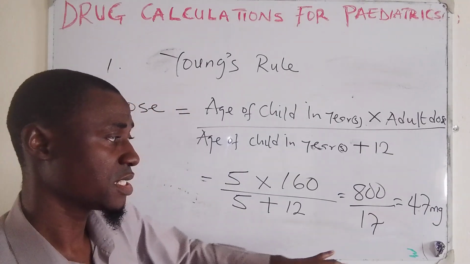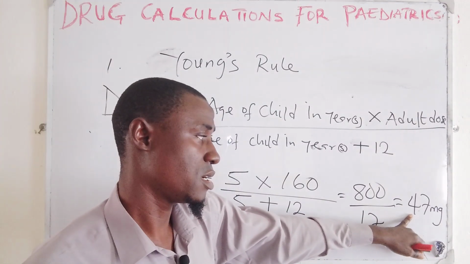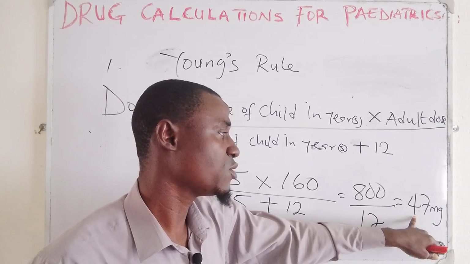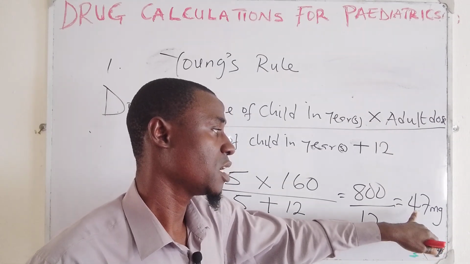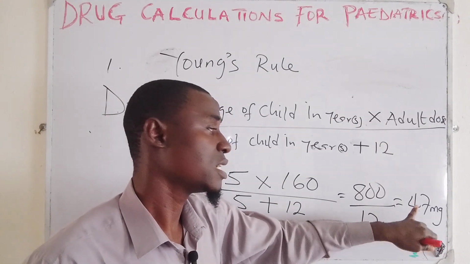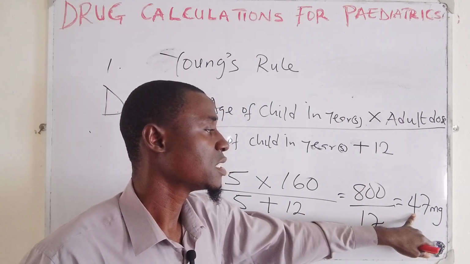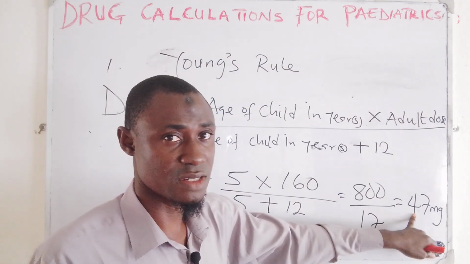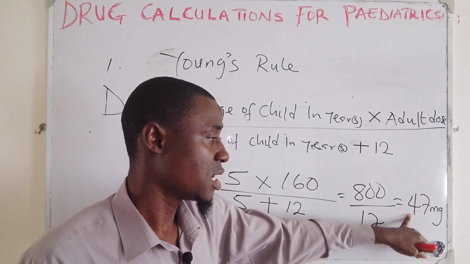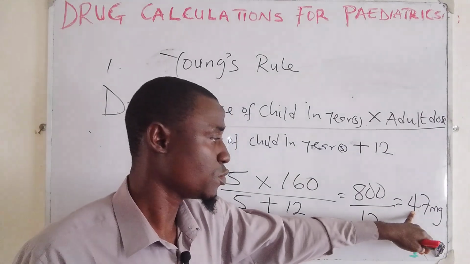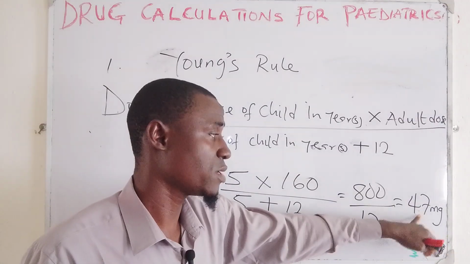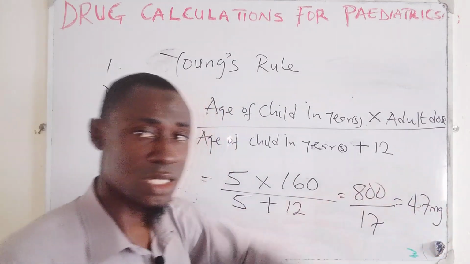Of course, since the drug comes in an ampoule, you will need to get the equivalent of this 47 milligram using some other formulas so that you will be able to withdraw it in mils. But we're going to do that later on, how to convert dose from milligram or any other strength to mils.